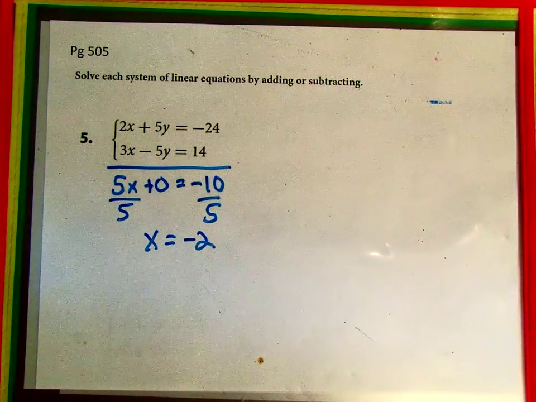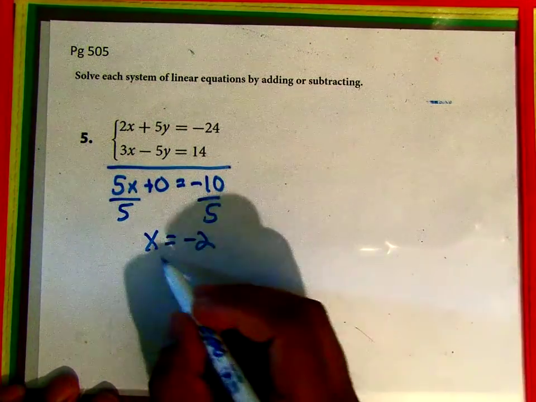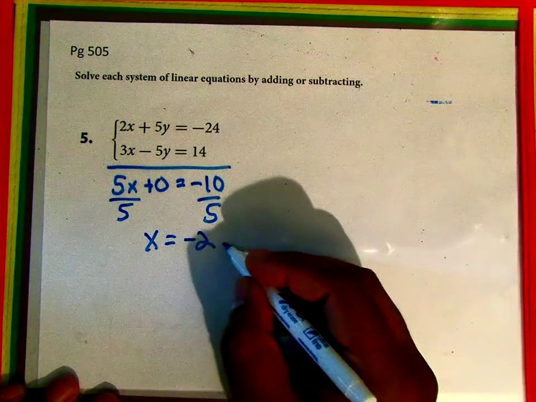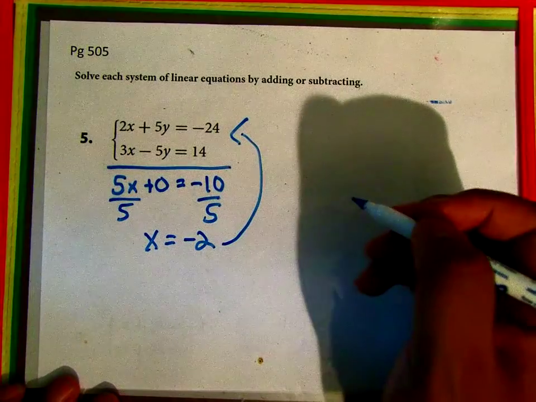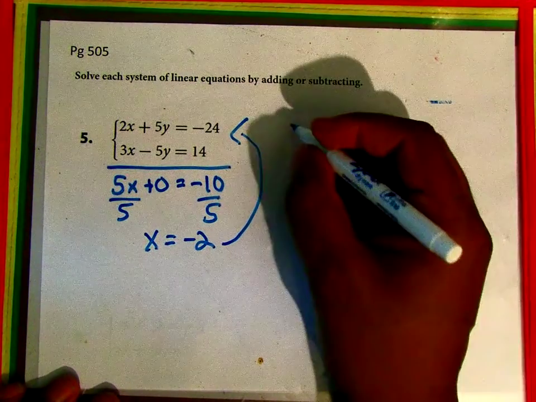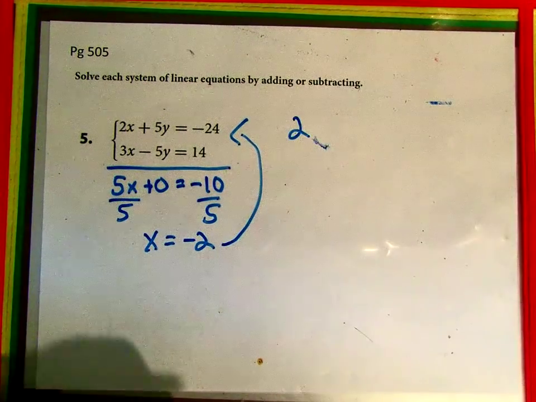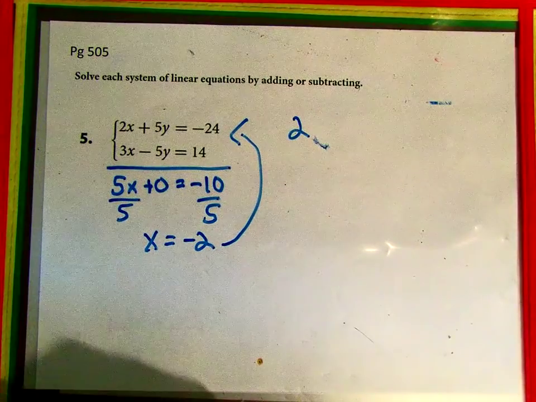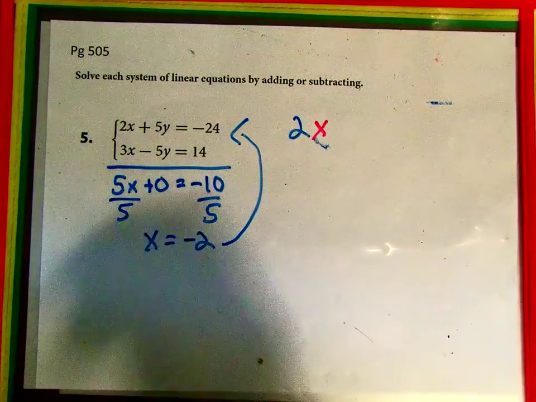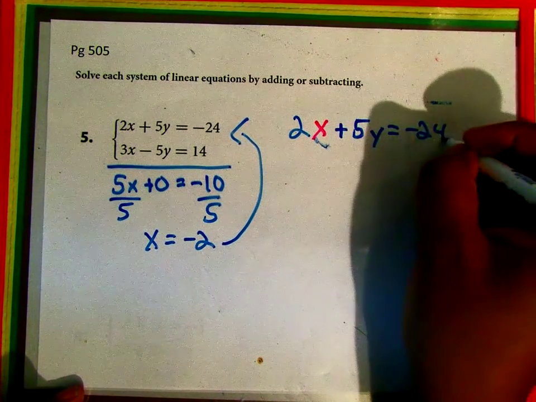Alright, so now we did those first two steps. We added and we've solved, so now we can figure out what x is. Now we're going to take this x and plug it into this equation here. So that's going to leave me with 2x plus 5y is equal to negative 24. I'm going to make that x red so you can see the substitution.